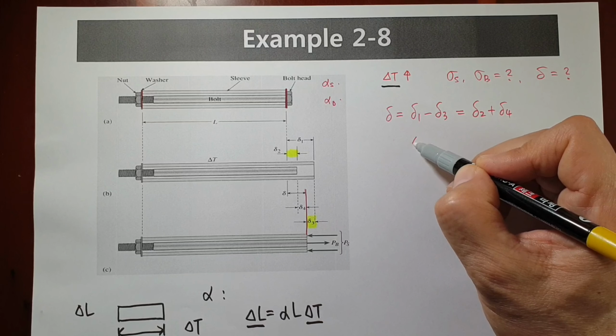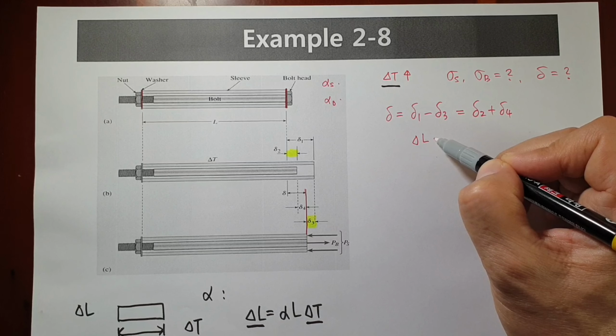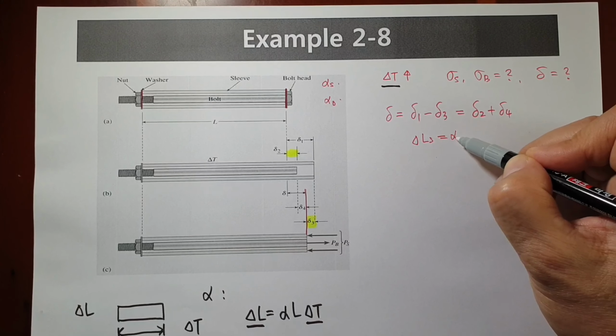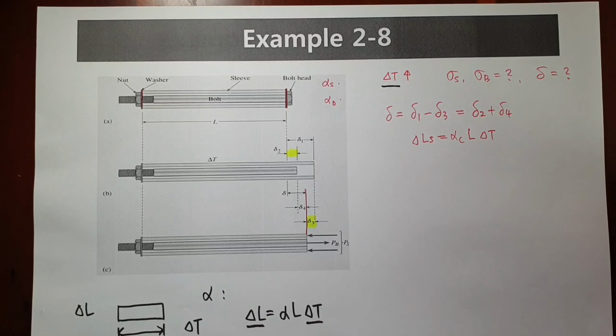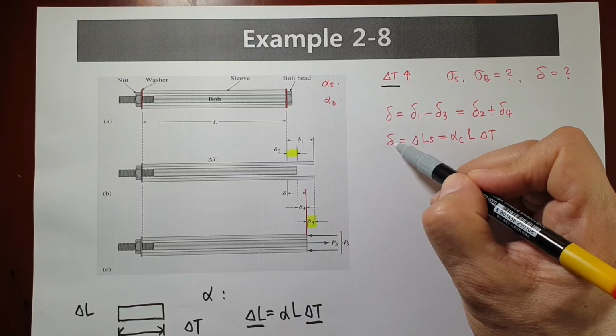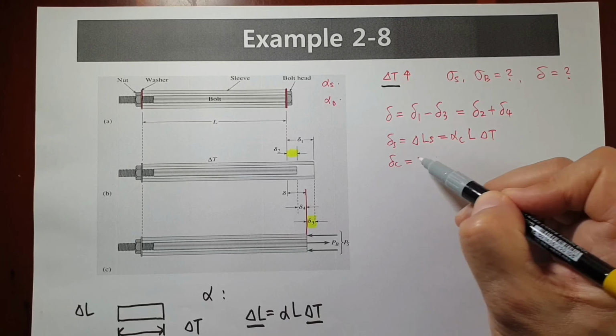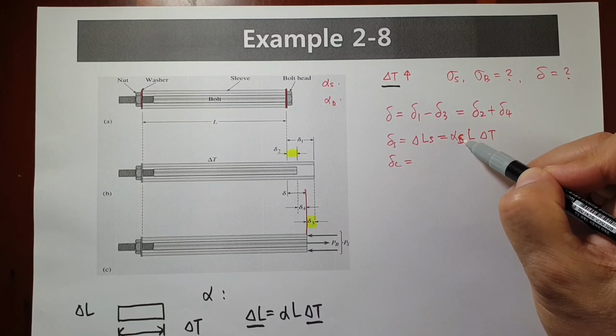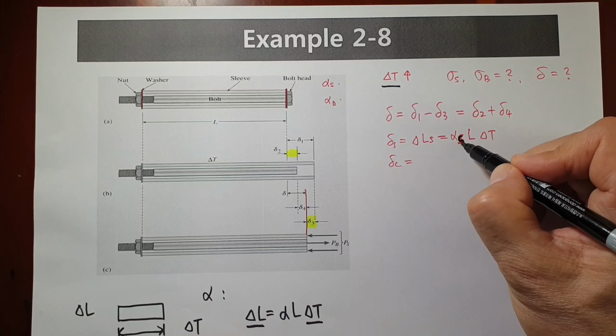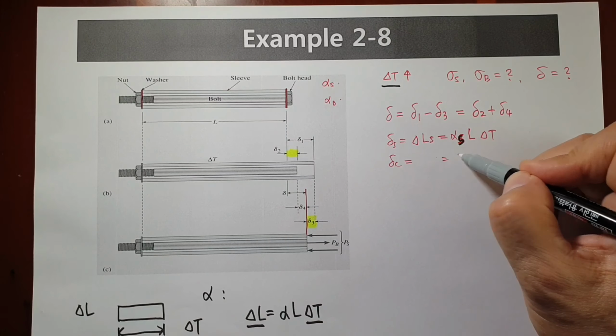Delta L is, in the case of the sleeve, alpha S times L times delta T, which we call delta S. And for the bolt, delta C equals alpha C, L is the same, delta T. We can consider this kind of relationship between delta S and delta C.